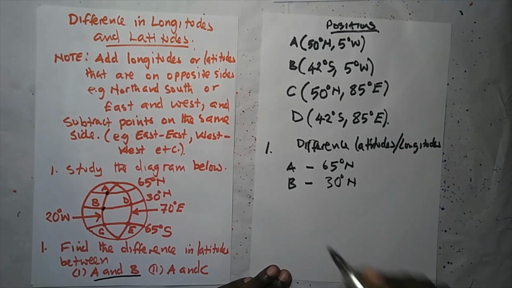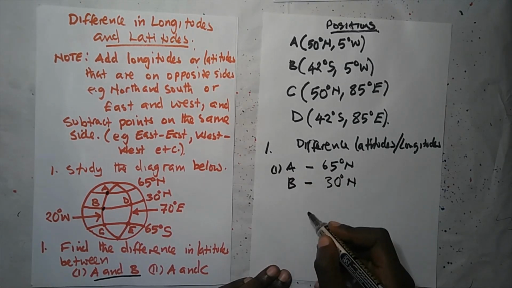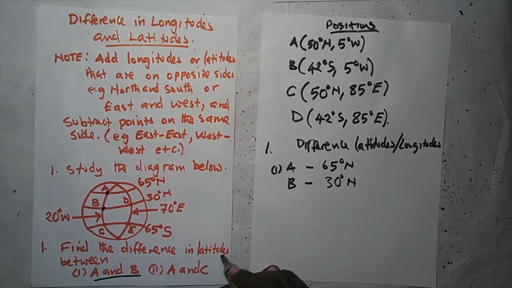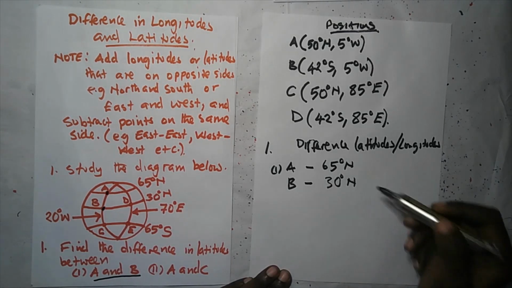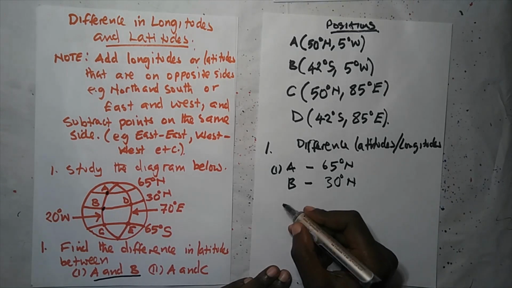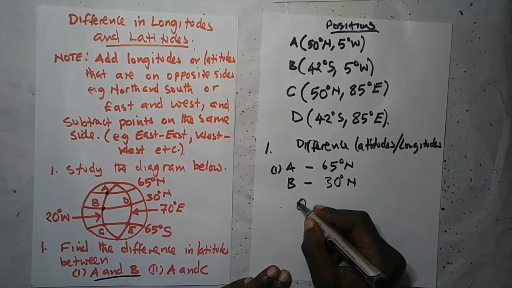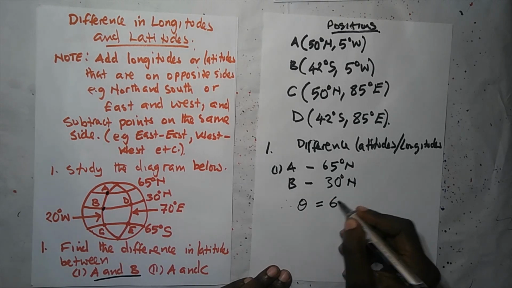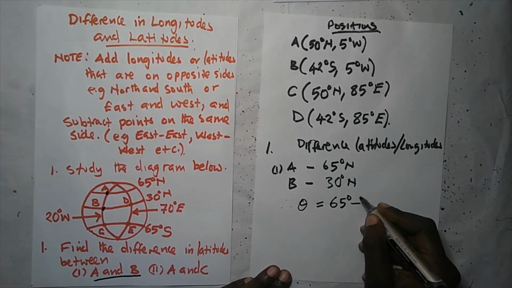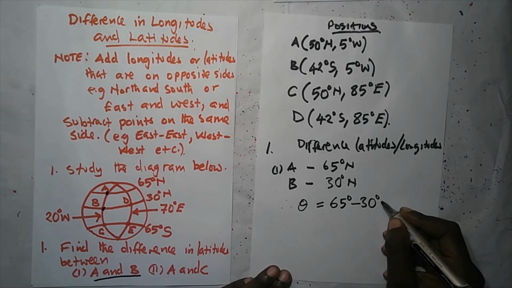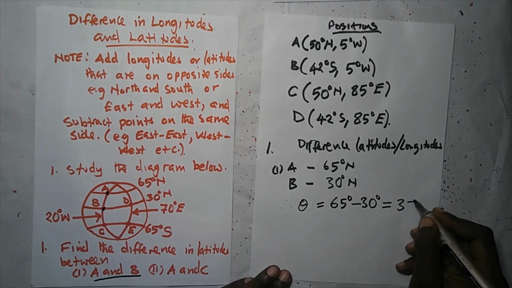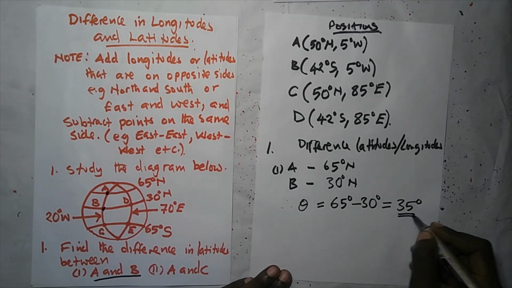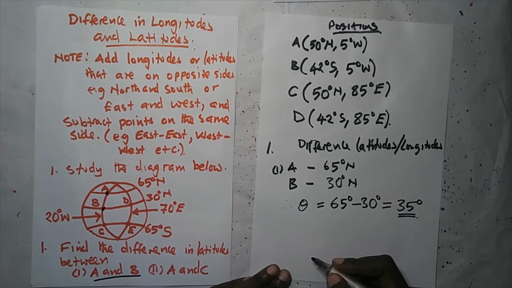So for us to find the difference in the latitudes between A and B, we check the direction. This is north, north. So the difference, which we call theta, is found by subtracting 65 degrees minus 30 degrees, which gives us 35 degrees. And so this is the difference in latitudes between A and B.